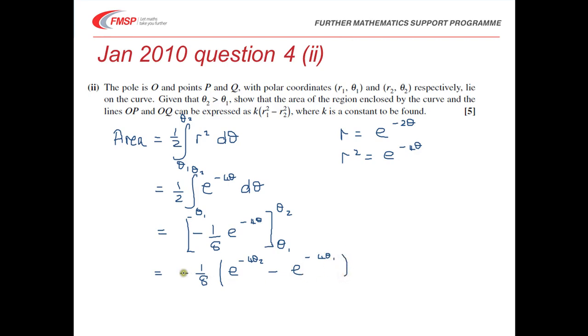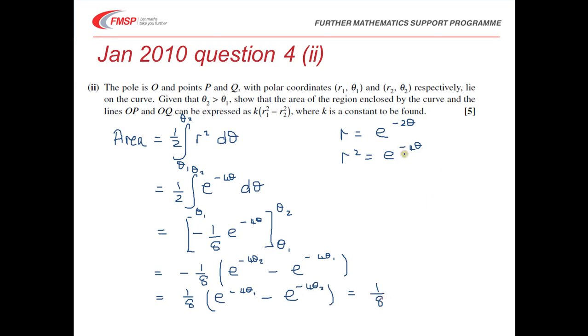Now if I just take that minus sign and bring that inside, then what we'll end up with is 1/8 of e to the minus 4 theta 1 minus e to the minus 4 theta 2, which of course is 1/8.